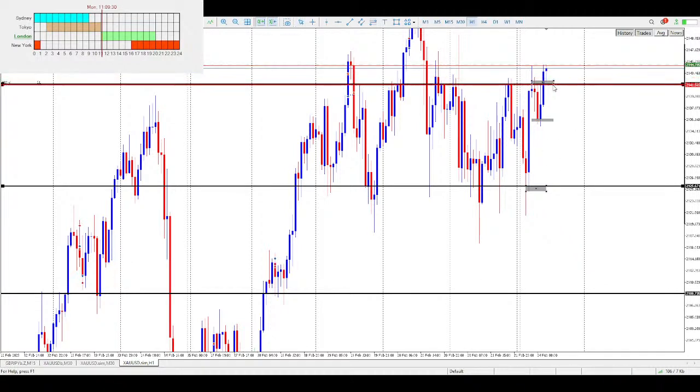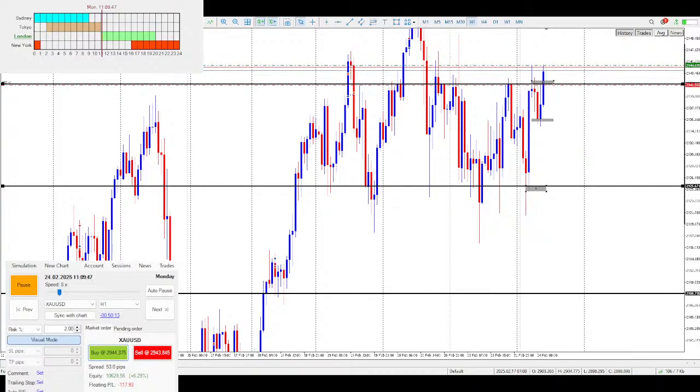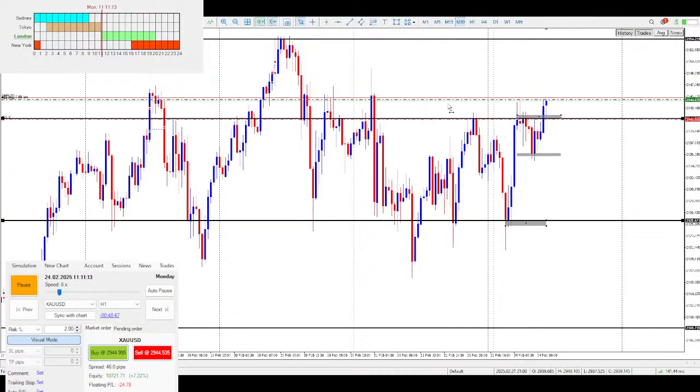That's another confirmation. In total for this trade, for trend continuation, I have 2 positions. This is a perfect entry for a trend continuation setup.